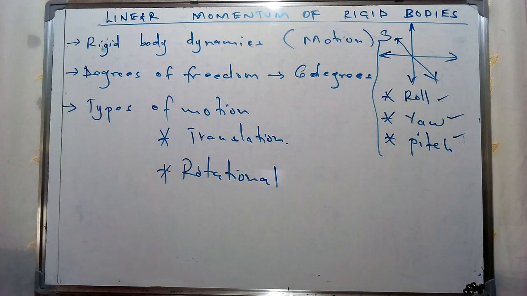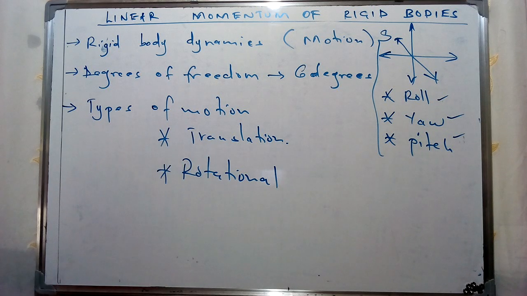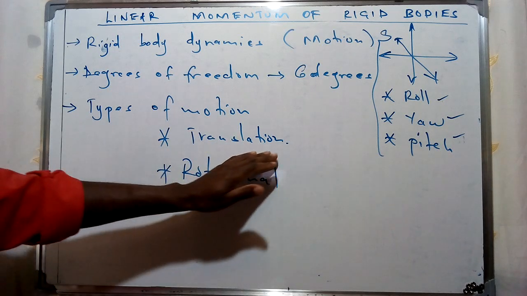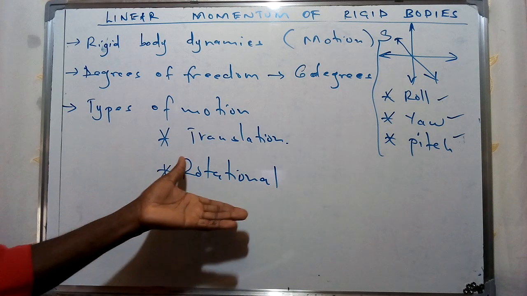And I'm going to give additional information on this specific concept of motion, which we had mentioned in summary form in our previous discussions. Now, for translation, these are movements that change the position of this specific rigid body.